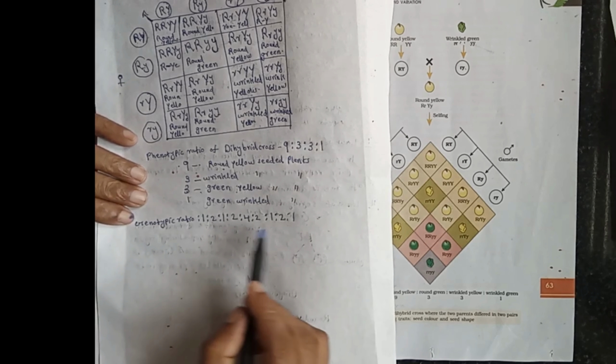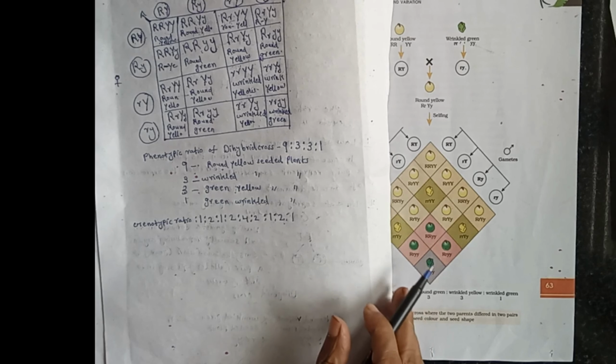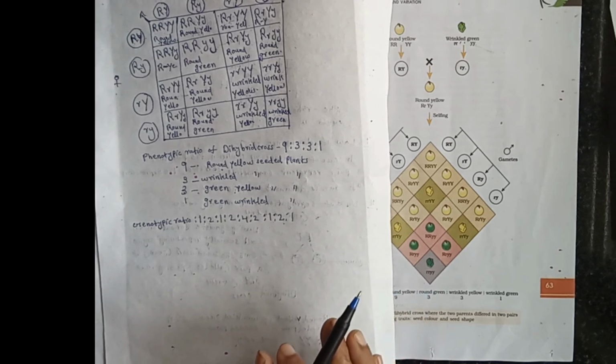This is the genotypic ratio and this is the phenotypic ratio. This is the dihybrid cross. We can take different types of cross: tallness, flower color, flower position, pod color, seed color, pod shape, seed shape. There are 7 contrasting characters. We can take any 2 contrasting characters for a dihybrid cross. Here we take color and shape of seed.